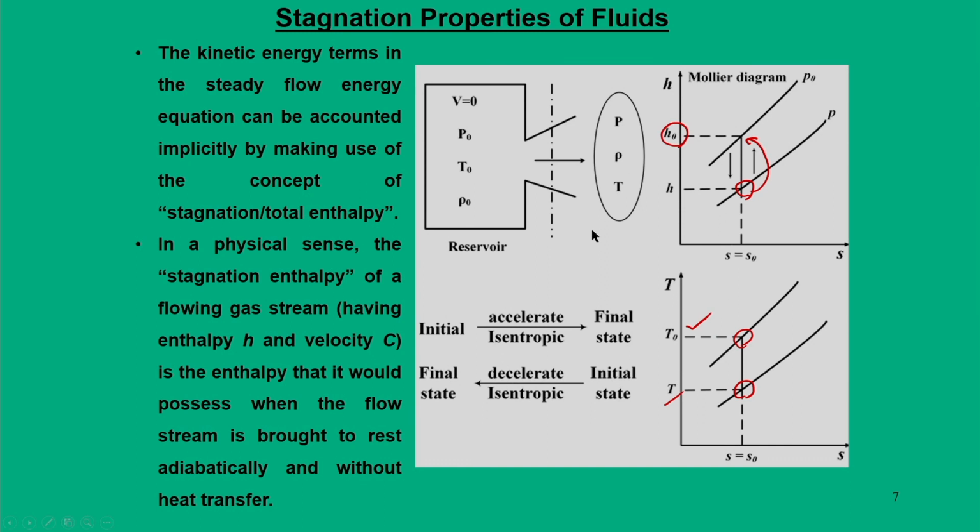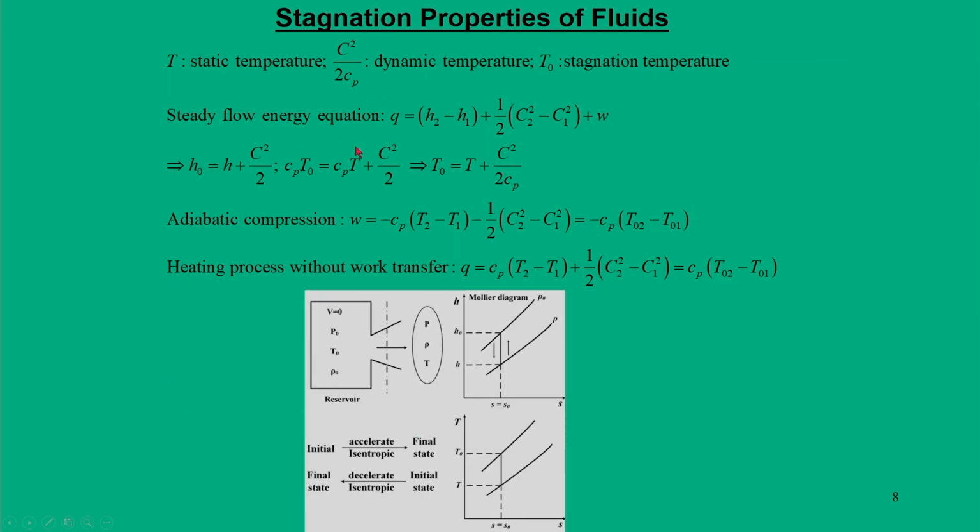Now, how do you do this mathematically? Let us see here. You recall the steady flow energy equation, Q is equal to H2 minus H1 plus half C2 square minus C1 square plus W. So, basically Q is the heat transfer, W is the work transfer, followed by the change in enthalpy and the change in kinetic energy.